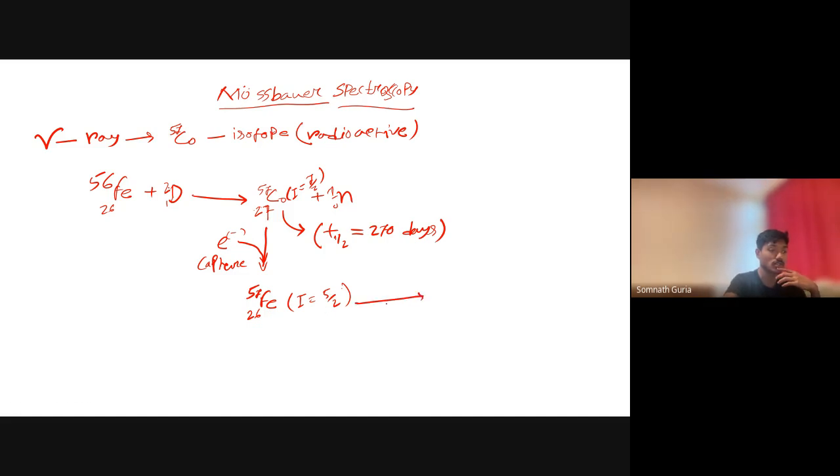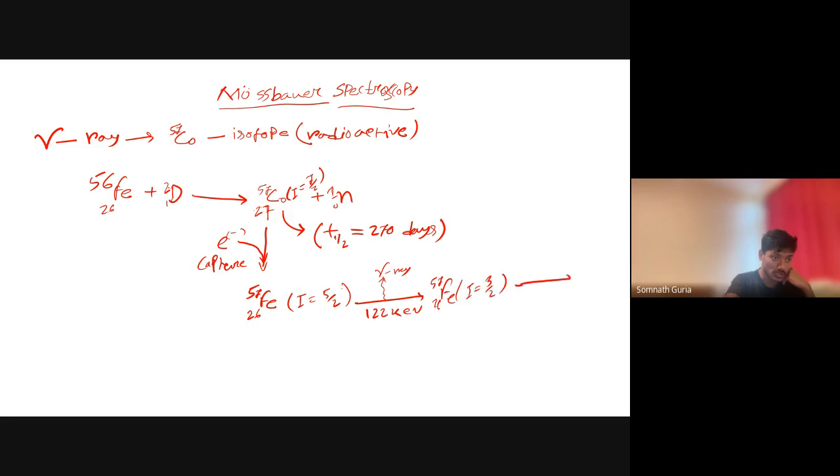This releases a high energy gamma ray of nearly 122 kilo electron volt, and it produces another iron 57 with I equals 3/2.